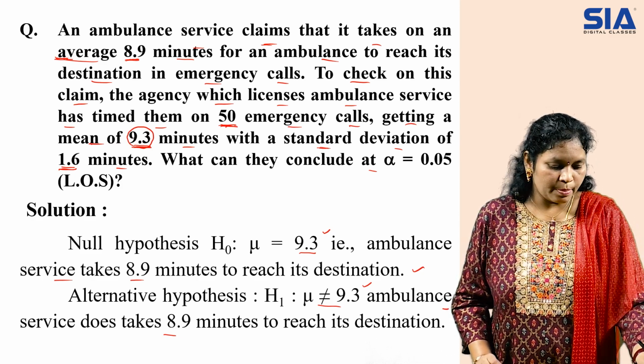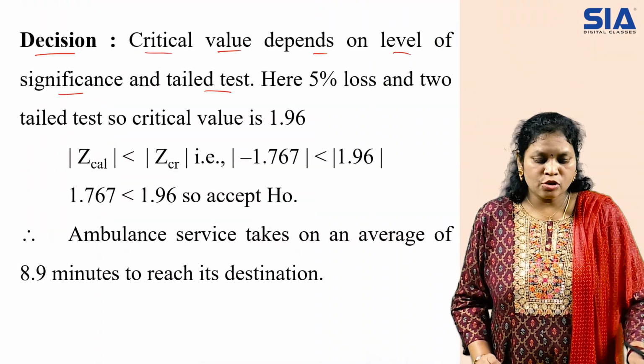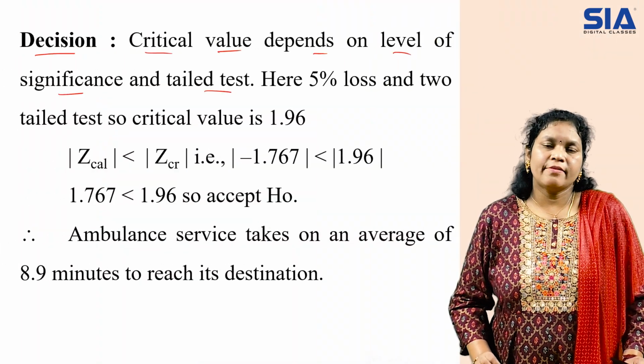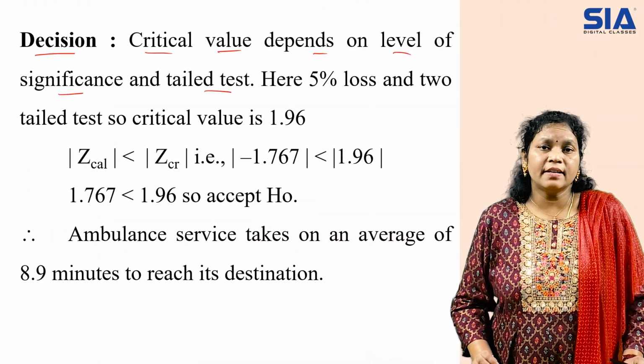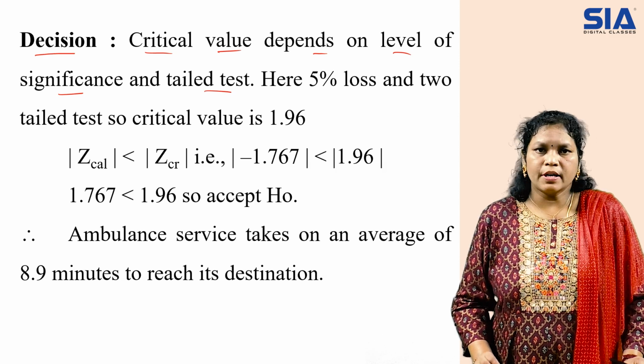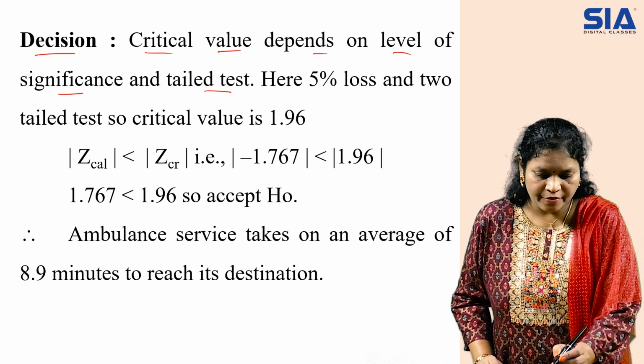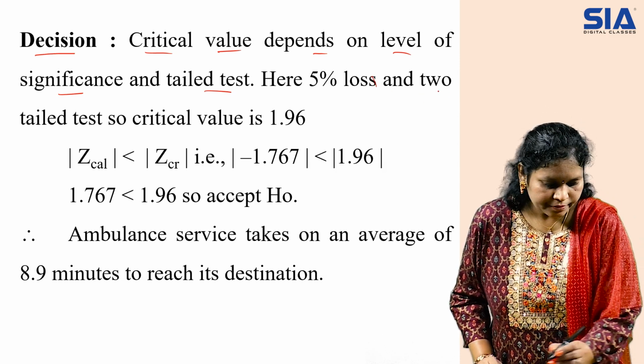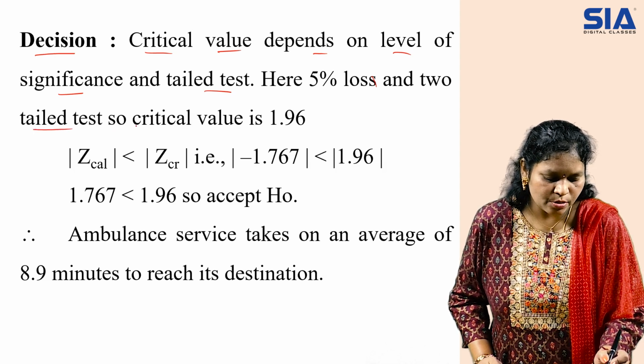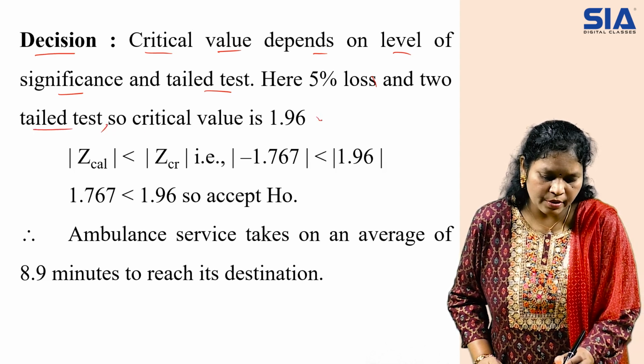So not equal to type is a two tailed test. Now, based on the two tailed test and the level of significance, we get the critical value, the table value. Here, 5% LOS and a two-tailed test, the critical value becomes 1.96.